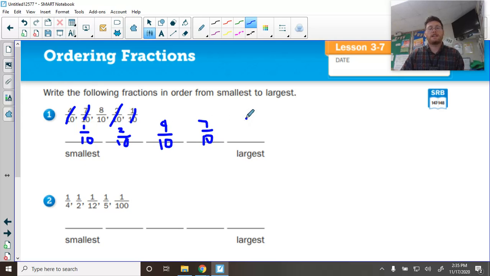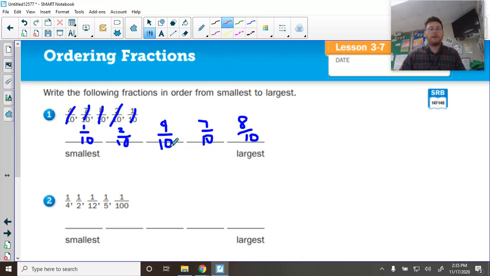And finally, my last one, or my largest one, is 8/10. So this is just like if I had a pie and I cut it into 10 pieces. My friend only ate one piece, so they had the smallest amount. I ate 8 pieces, so I had the largest amount. Okay.